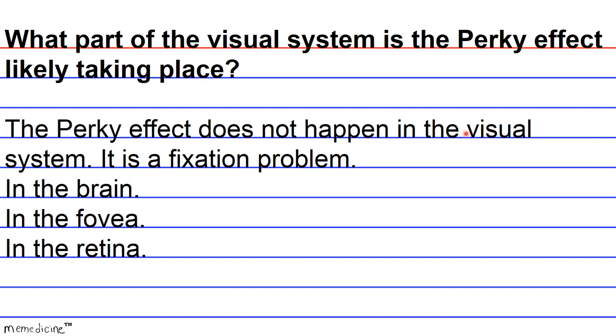So the Perky effect, this is standalone knowledge you would have to know, is a perceptual phenomenon. However, the eye is not transmitting imagined images to the brain. So it's most likely that the Perky effect takes place in the brain itself, okay? It's not a matter of your eyeball seeing things that are not there. You're just kind of coming up with it and imagining it yourself without actually seeing it, okay?